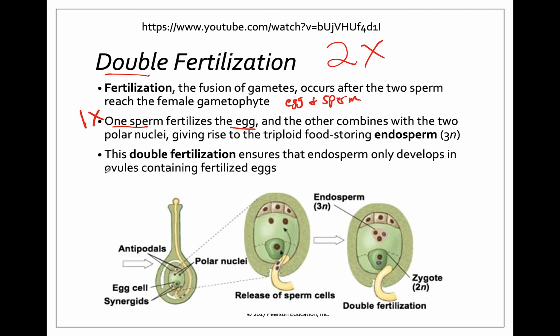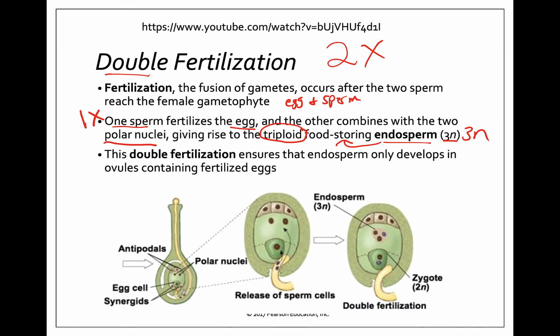That's the one you were probably expecting when you came into here looking at fertilization. The other event is going to be when 1 sperm combines with the 2 polar nuclei, and it's going to give rise to a triploid, which means 3N endosperm. And the endosperm is the food storage that we need to have in a seed.